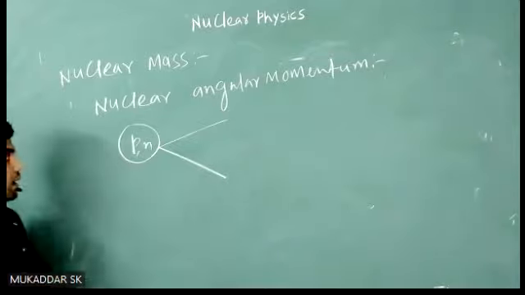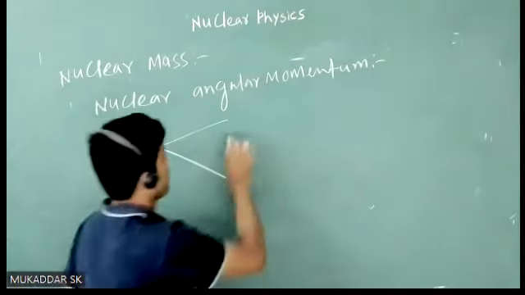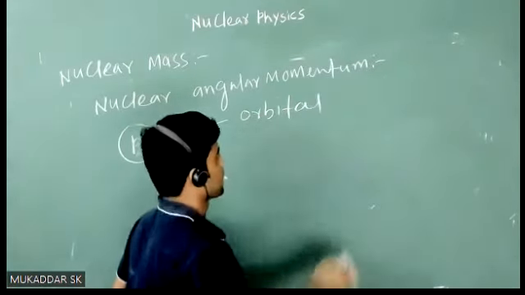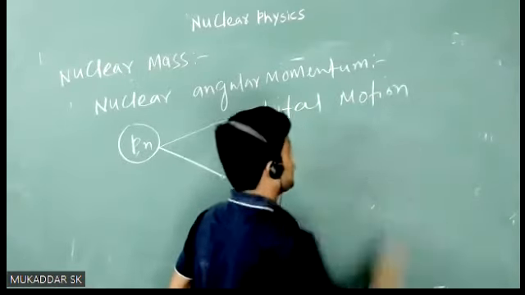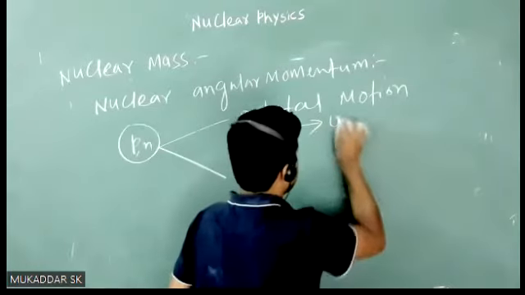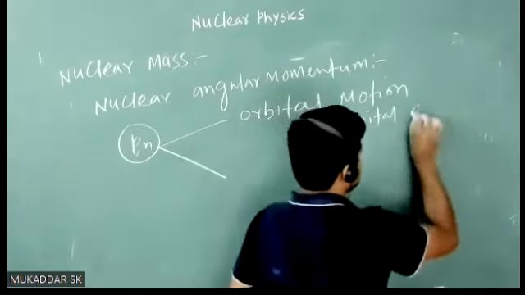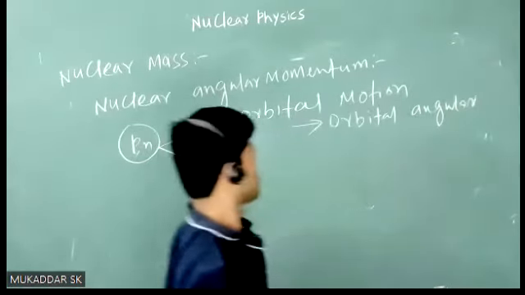Inside the nucleus you will have protons and neutrons. Each proton can have orbital motion, so orbital motion will give you orbital angular momentum. Is orbital motion only for protons?